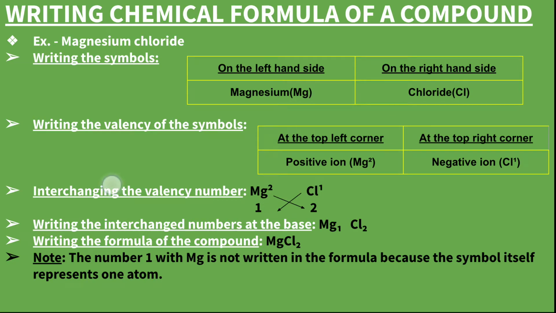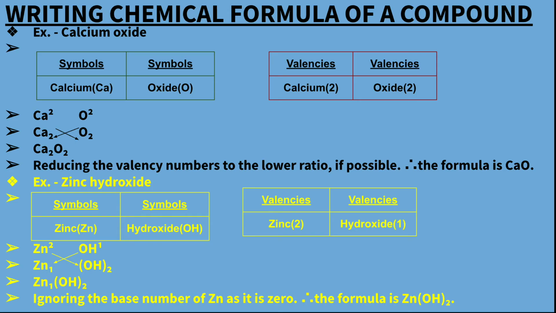Next example is calcium oxide. The symbols are Ca, the positive metallic ion, and for the non-metallic negative ion, oxide, O. Now valencies: calcium is 2 and oxide is also 2, written in the upper right-hand corner as Ca2 and O2.